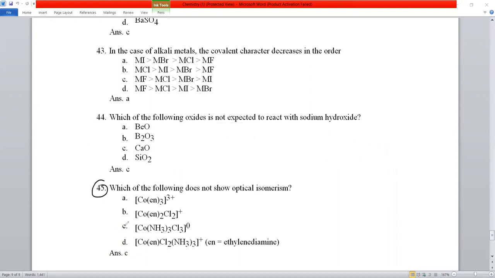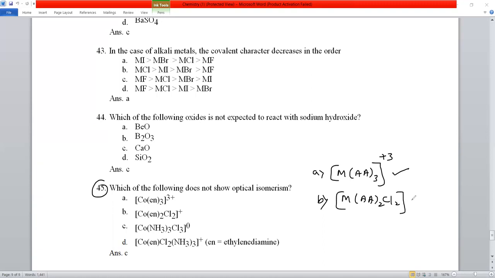Question number 45. Which of the following does not show optical isomerism? First, complex A is M(AA) taken 3 times. This type of complex will show optical isomerism. Go for the second one. The second one also shows it, M(AA) taken twice with Cl2.